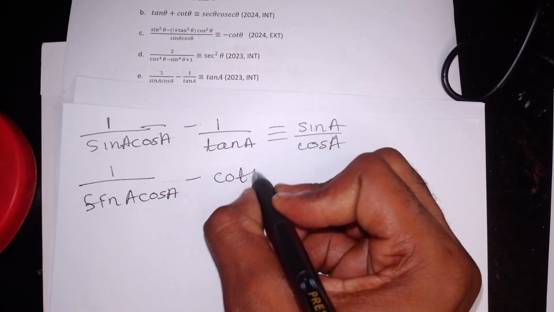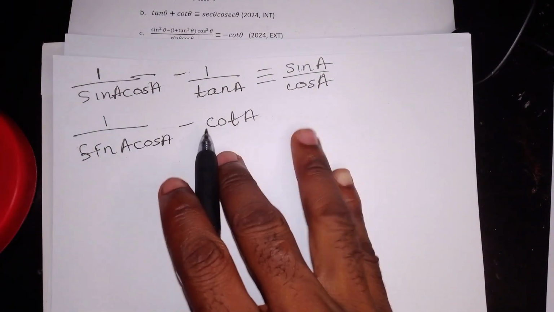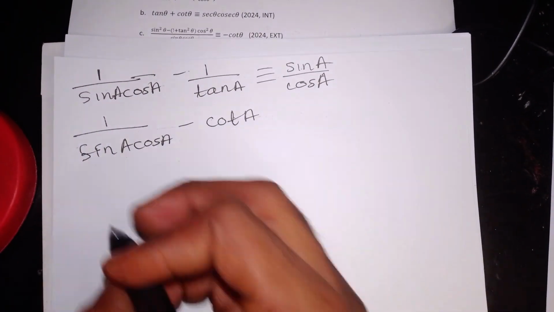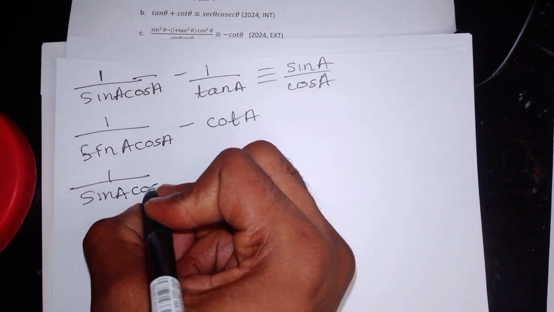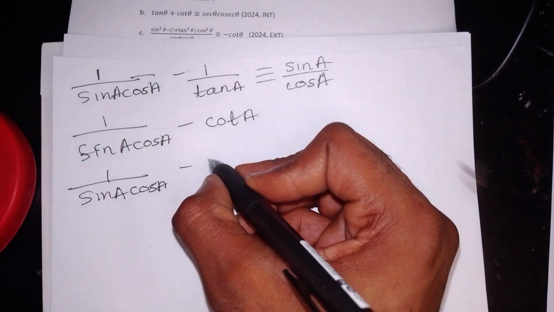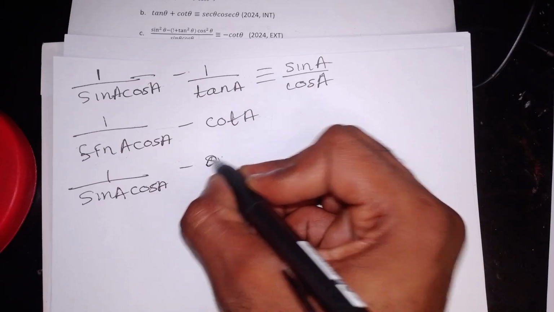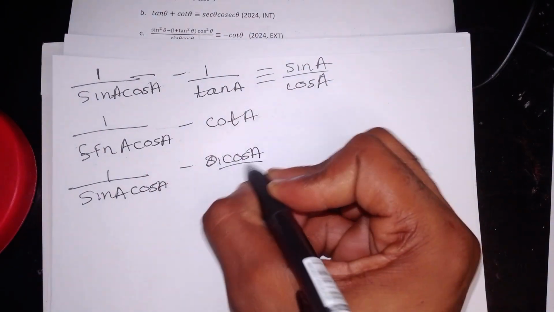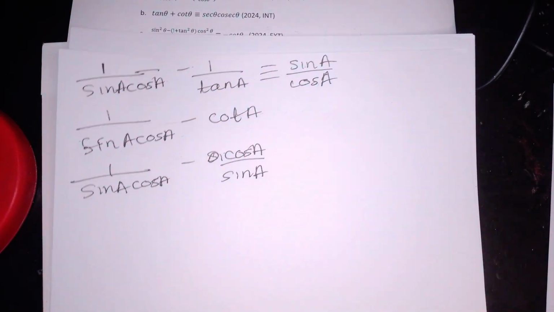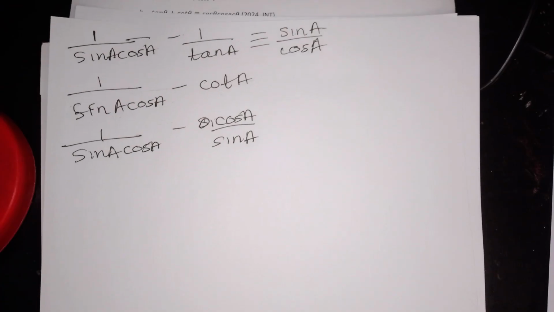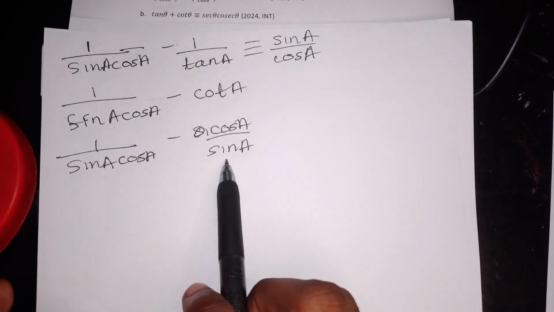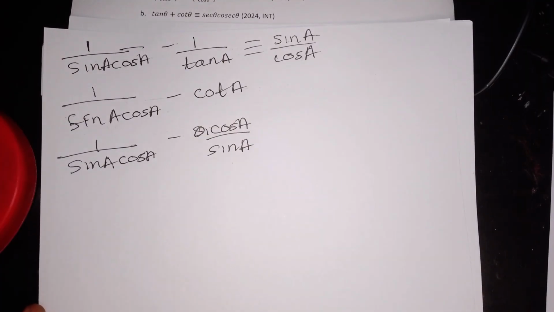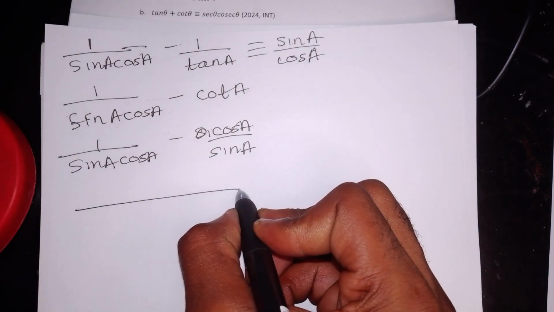So this is cot A, and then we know that cot A is the reciprocal of tan, so that means cot A is cos A over sine A. And then now, since we only have one part here and we have two parts here, we have to express these two fractions as a single fraction. So we can do this.